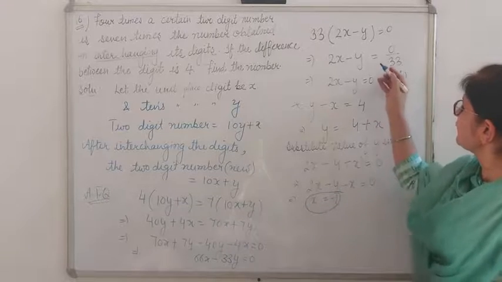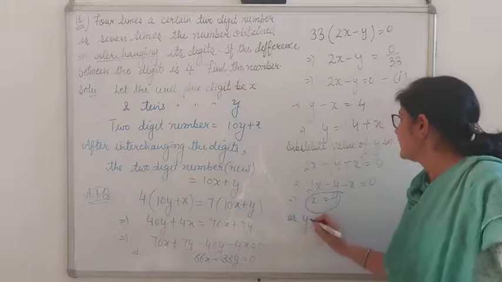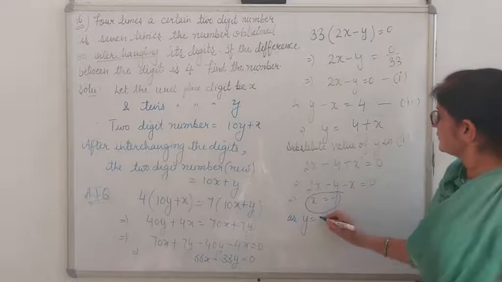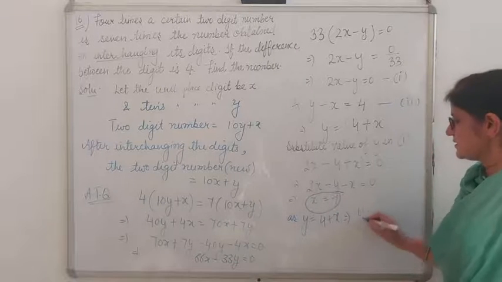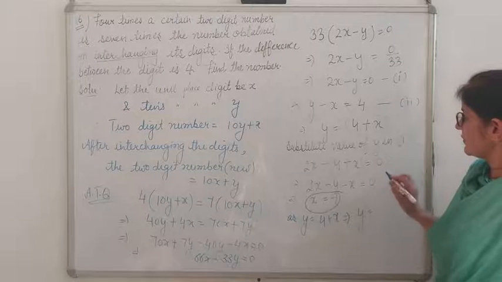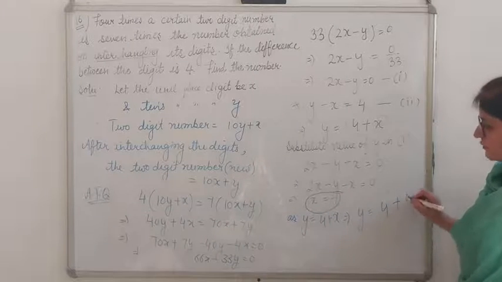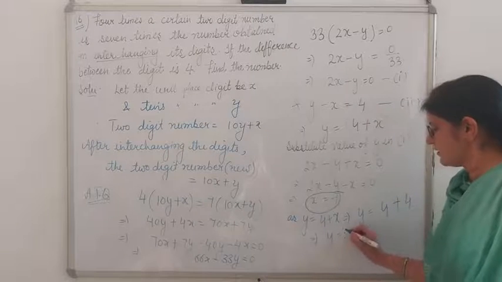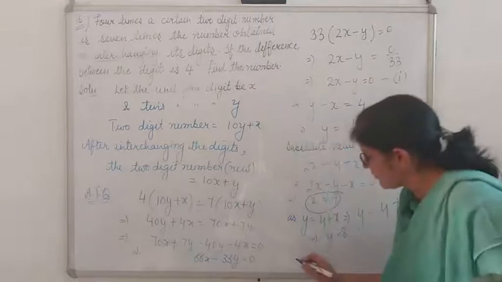Now substitute it in the first or in the second or here, that is up to you. As y is 4 plus x, that means y is 4 plus 4, as the value of x is 4. So y is 8. Is it the answer? No. But you have to find the 2-digit number.